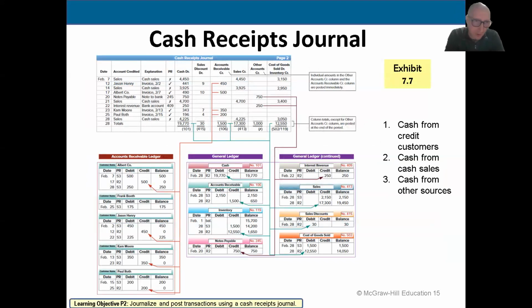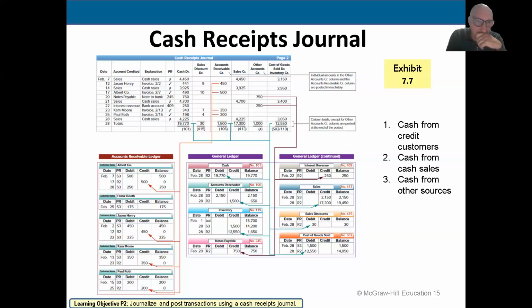So when it comes to cash, we have customers that pay us with cash when they make the purchase originally, or they might have purchased through accounts receivable, and we're going to collect that cash from the customers later. Or the business is going to use cash to pay for our bills, day-to-day operating expenses, etc. And the cash receipts journal shows all of those individual transactions that use cash, whether it's cash coming in or out of the business.